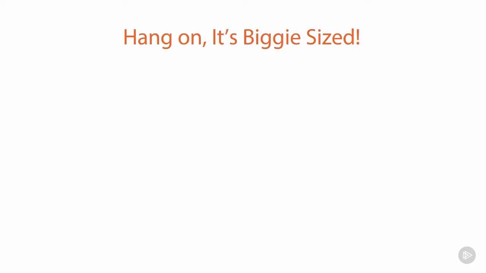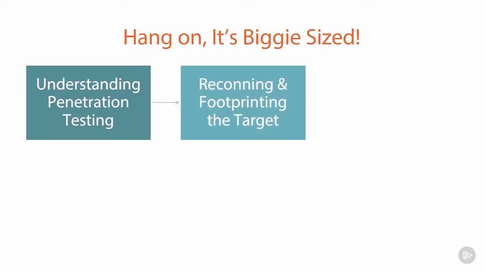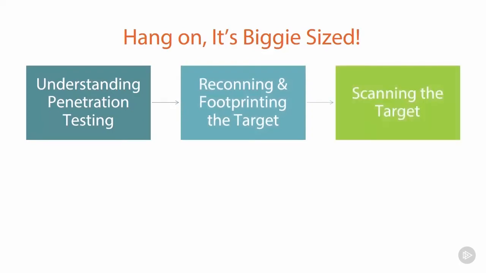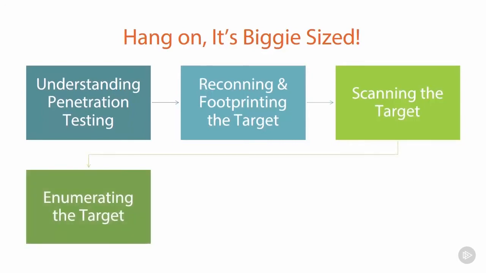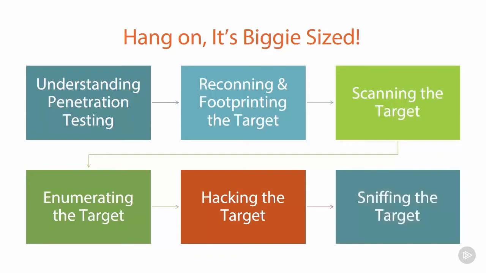So as I mentioned already, we're going to start off in this particular module looking at understanding penetration testing. And then again, we're going to go through each of the domains and talk about pen testing and how it works with reconnaissance and footprinting, as well as how do we pen test and scanning the target or enumerating the target. We'll also talk about pen testing on hacking the target and sniffing the target.